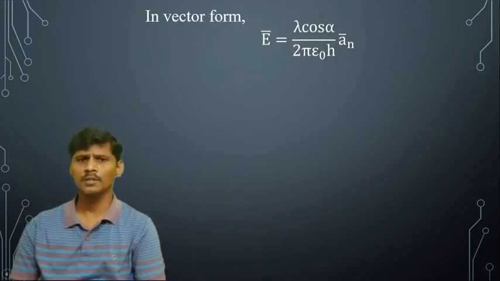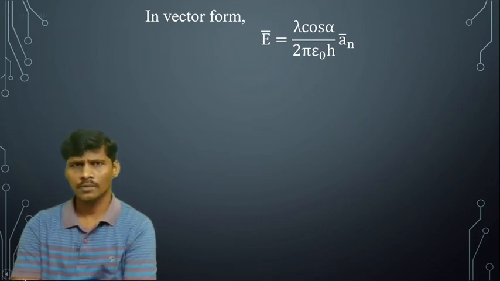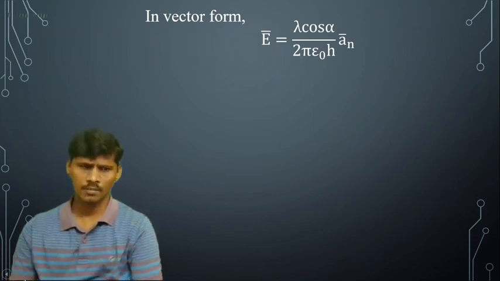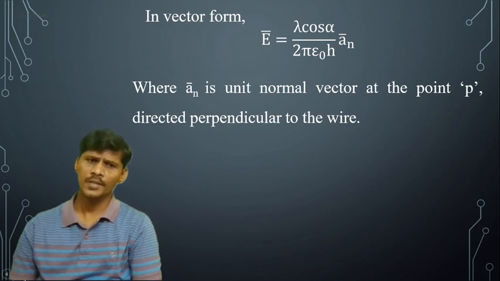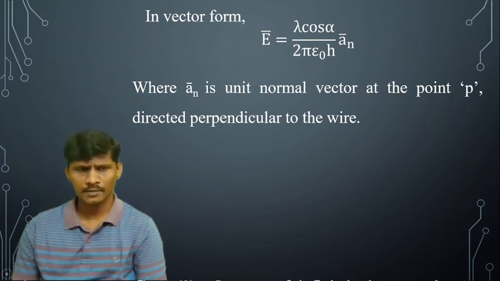In vector form, the electric field intensity is E bar equals lambda cos alpha by 2 pi epsilon naught h into a n bar, where a n bar is the unit vector at the point P directed perpendicular to the wire.